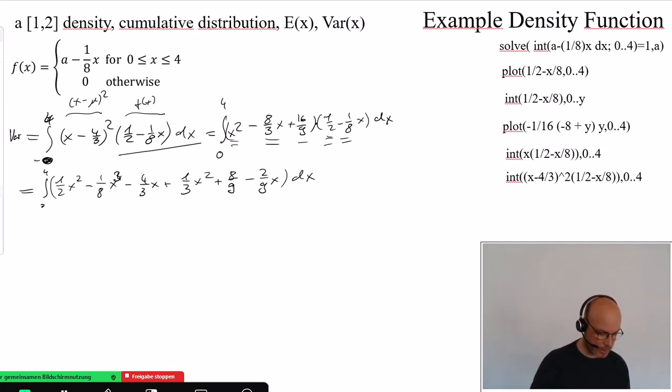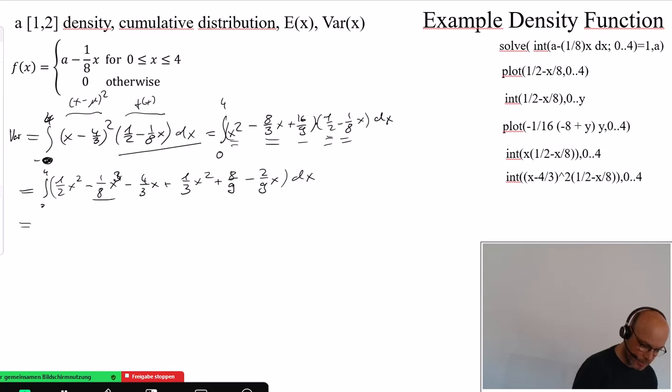Hopefully you have also had a look at it when I multiplied this, so that I have not made a mistake. Then let's see, here we have the leading exponent with minus 1 over 8 to the power 3.